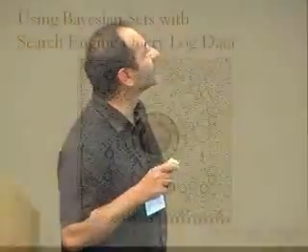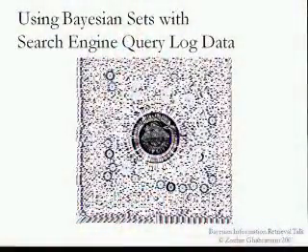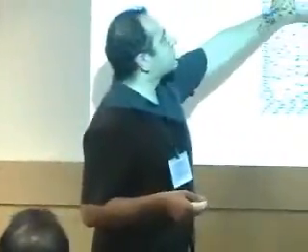Okay. So let's talk about query logs. This is a great visualization of the query log data that Frederick produced. Here we have about 1% of the data. We have sessions by terms and sessions, and it's a bipartite graph. And it's just very pretty to look at.